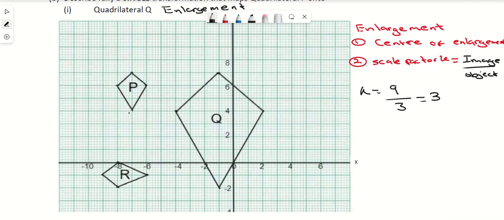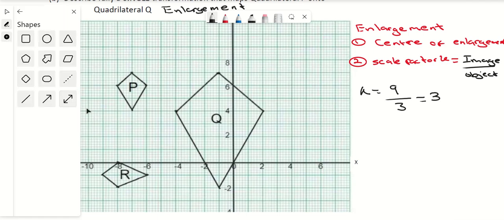So that just means that Q is 3 times the size of P, right? And then we want our center of enlargement. What we have to do is connect corresponding lines. P and Q are corresponding lines. I'm going to connect this line and this line here, going straight across.